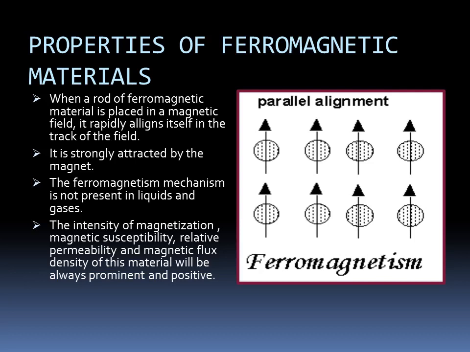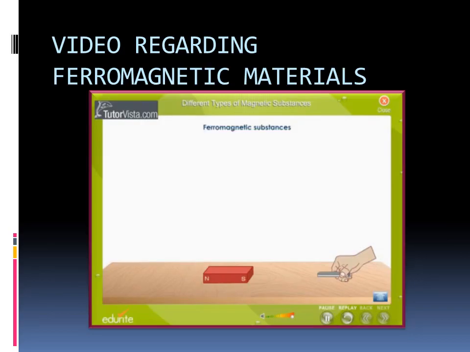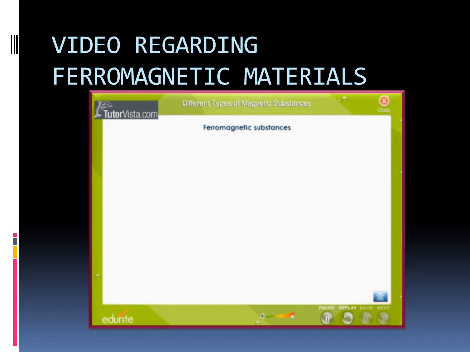And the fourth property is that the intensity of magnetization, magnetic susceptibility, relative permeability, and magnetic flux density of this material will always be prominent and positive. Now here's a video regarding different properties of ferromagnetic materials. So let's watch the video.